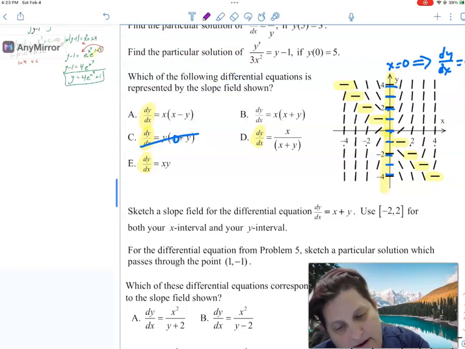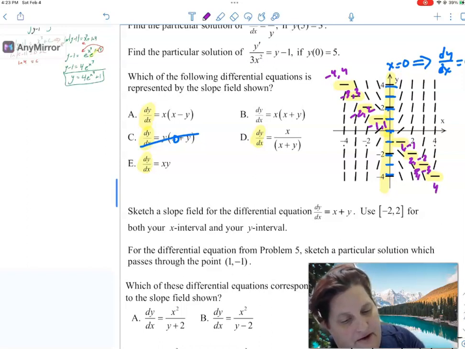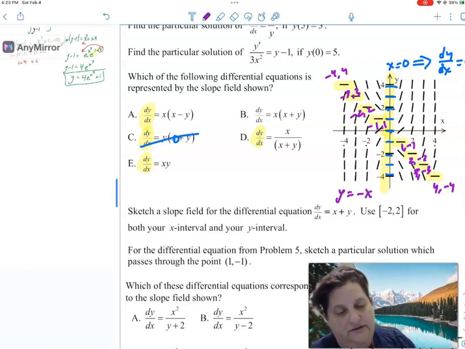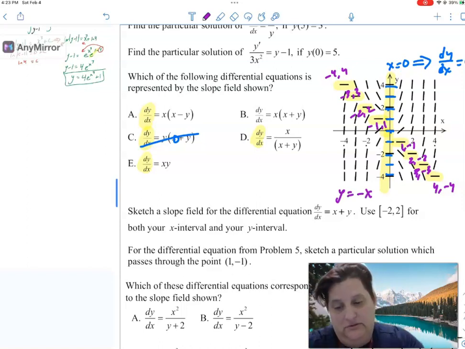That's the point (-4, 4), (-3, 3), (-2, 2), (-1, 1), and then (1, -1), (2, -2), (3, -3), and (4, -4). Those are actually along the line y equals negative x. So when y equals negative x, it's all zeros.